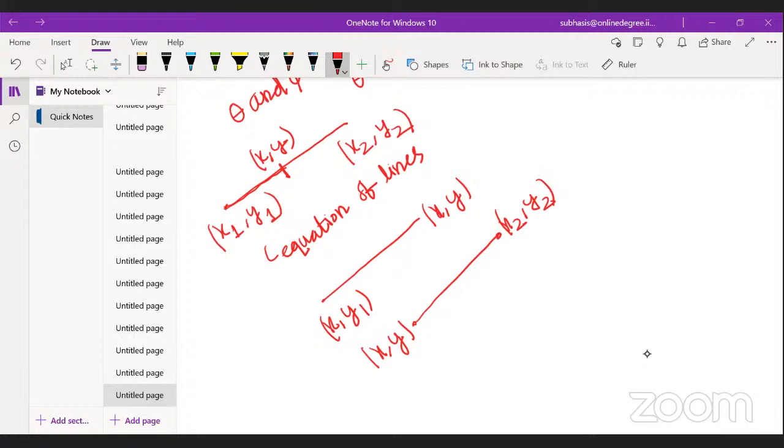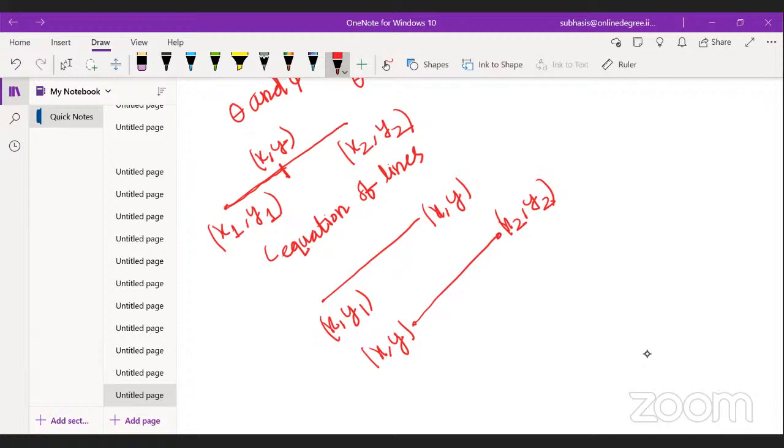And what about option A? Okay, I'll go one by one. So now the third option: the equation of a horizontal line can be x equal to a.